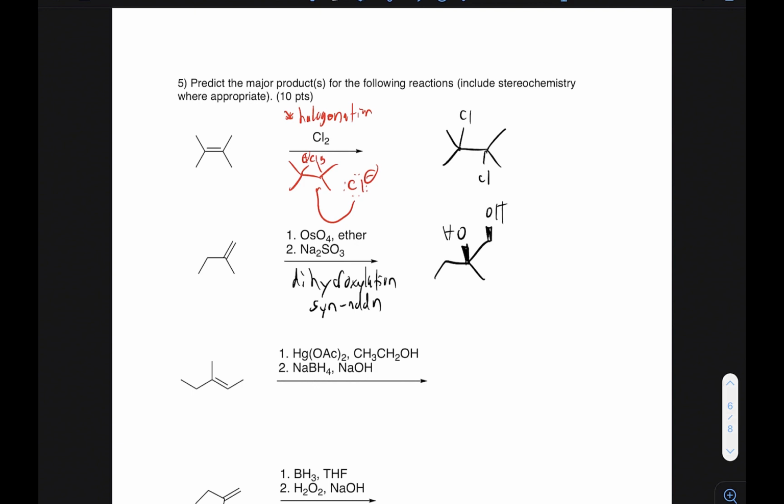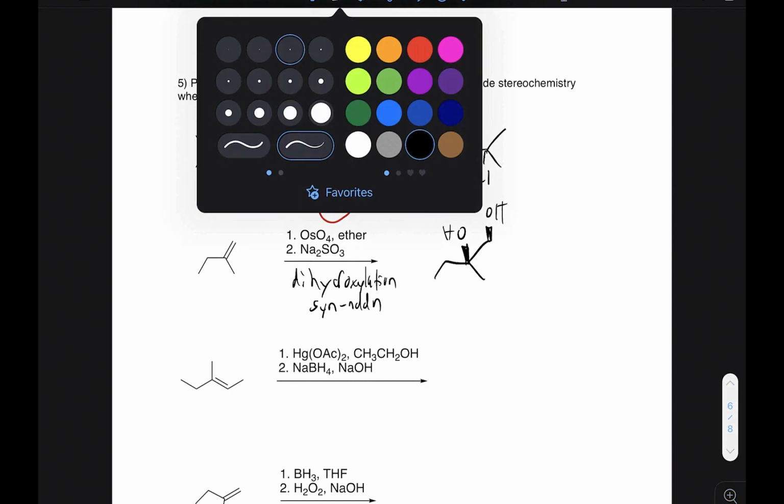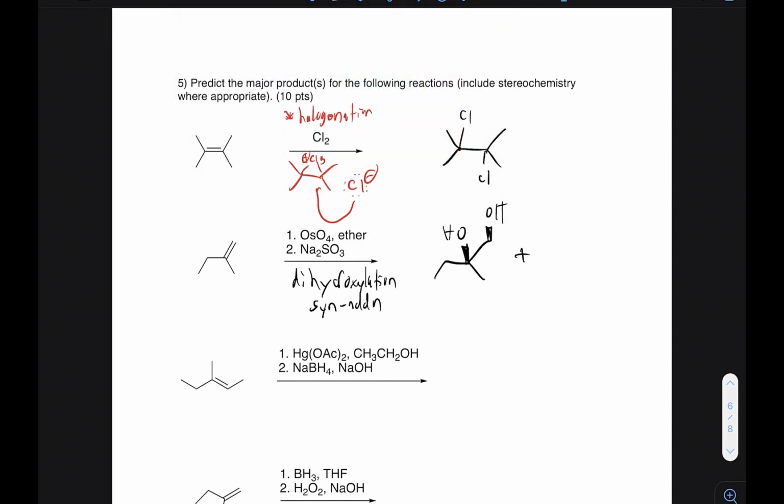Right, this is not a chiral carbon, but it's fine to show that OH like this, and then we have the dashed. So we can say plus enantiomer, or we can draw in the actual enantiomer here. Okay.